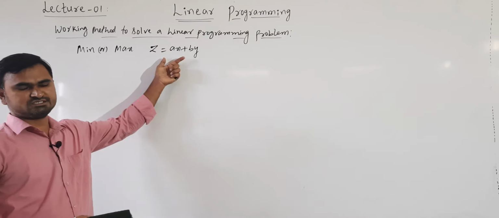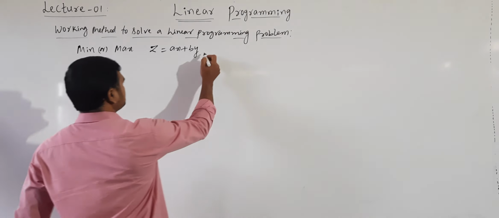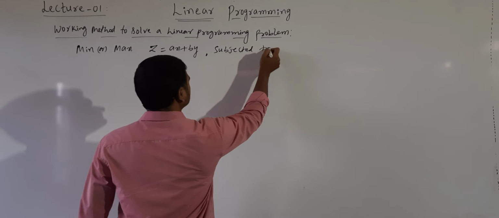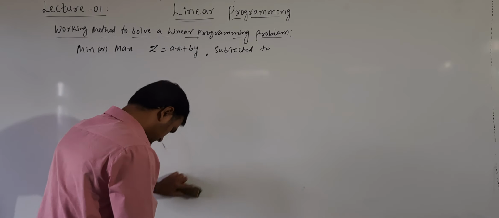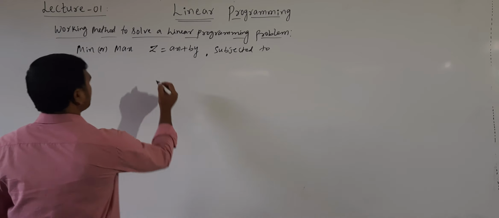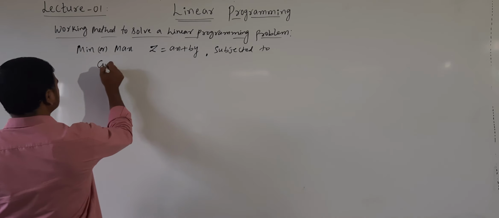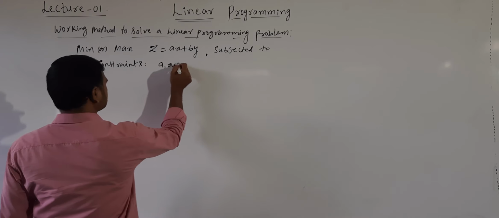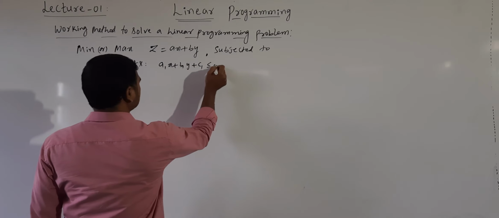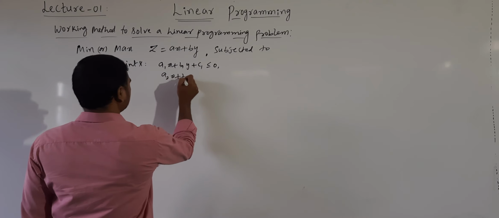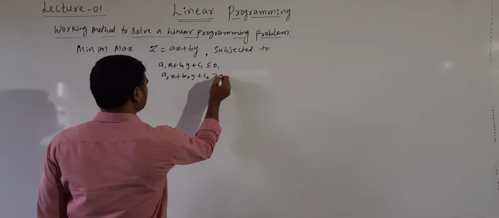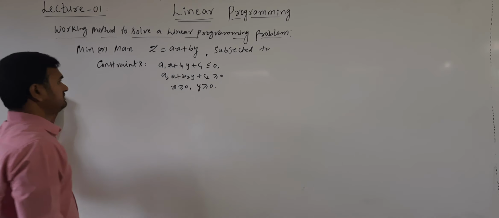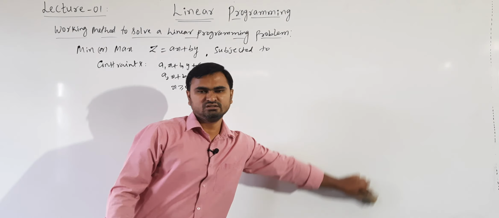So, we are minimizing or maximizing the objective function subjected to some constraints, like a1x plus b1y plus c1 less than or equal to 0, a2x plus b2y plus c2 greater than or equal to 0, x greater than or equal to 0, y greater than or equal to 0. So, like this some numerical problem will be given.